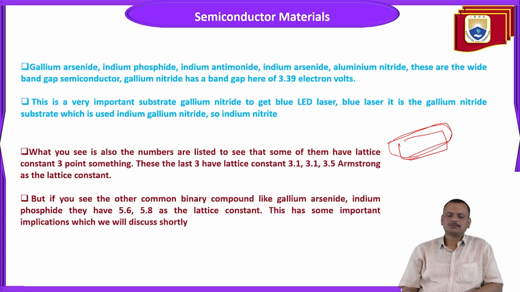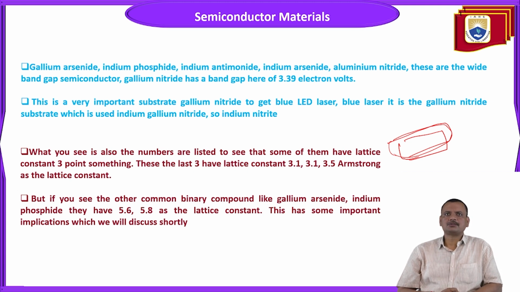Okay. So basically, if you want to grow some layered structure or thin film, there are some requirements. You have to choose some desired substrate. So gallium nitride can behave like a substrate, and nowadays it is frequently used as a substrate.